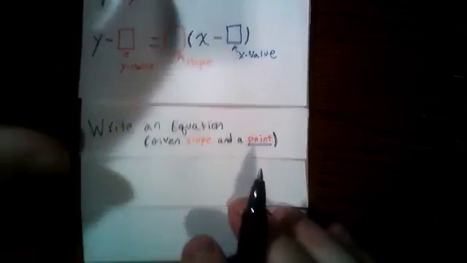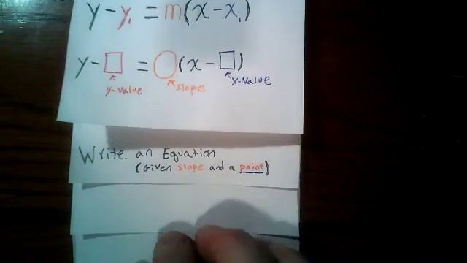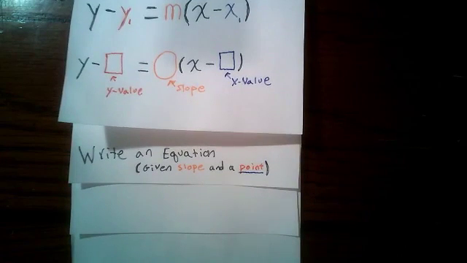And what we're going to do with this foldable is we're going to do an example when you'll be given a slope and a point and how to use this to write an equation of the line. And that'll be on the next video.